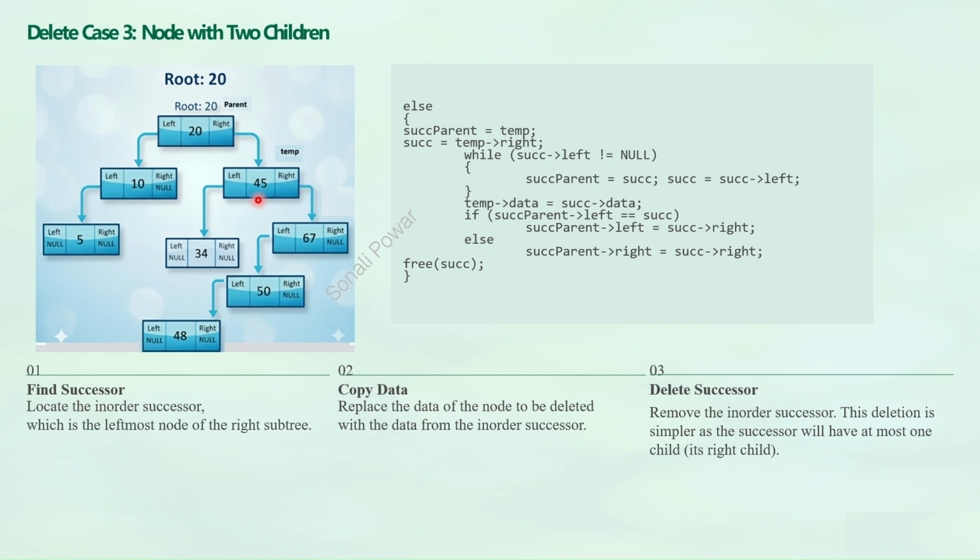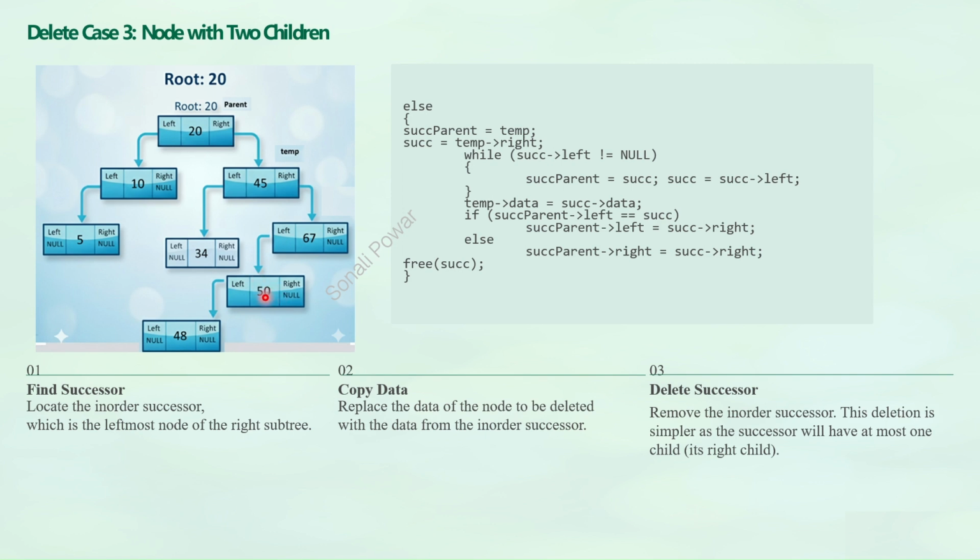It means now 45 has two subtrees. This is the left subtree and this one is the right subtree. As I said, the successor means the leftmost element of the right subtree. So I will move towards the right side. Now I will find the leftmost element. Now 67 is not the leftmost element because there is another element to the left side.